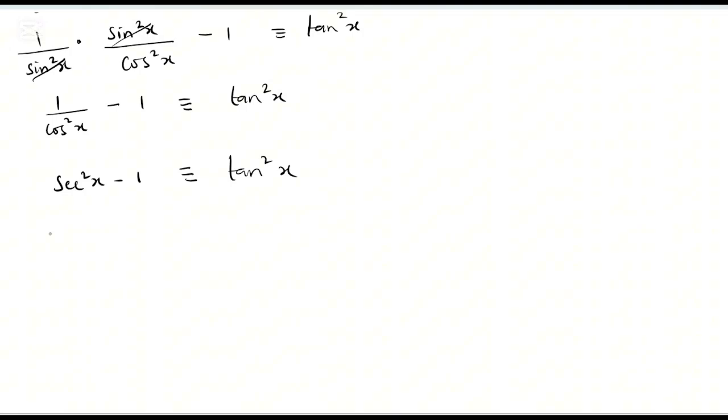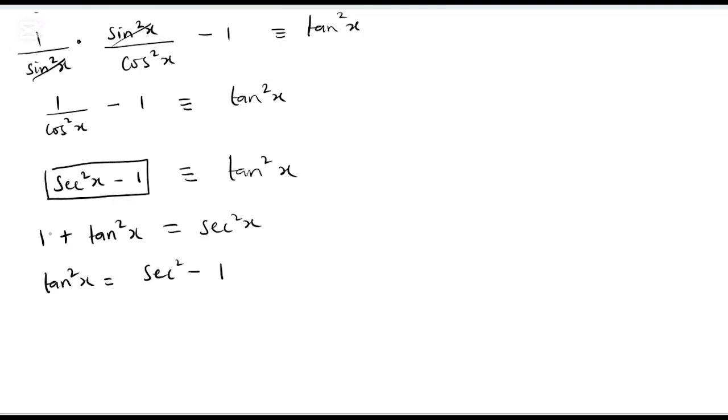But from the trig identity, we know that 1 plus tan squared x is equal to sec squared x. So if I make tan squared x the subject, I'm going to have sec squared x minus 1, which is what is here at the left hand side.